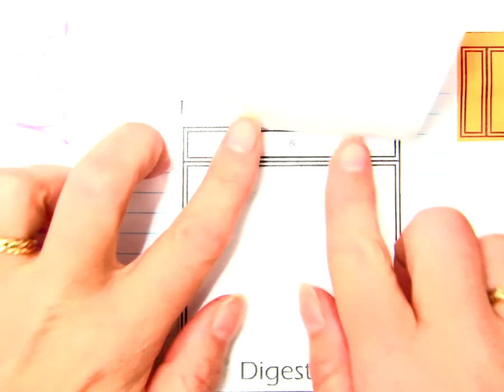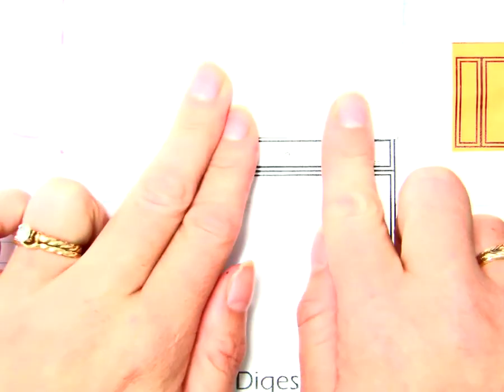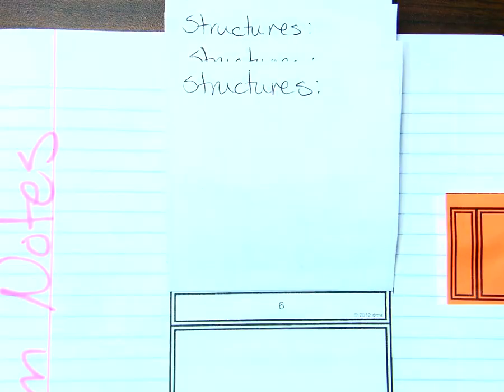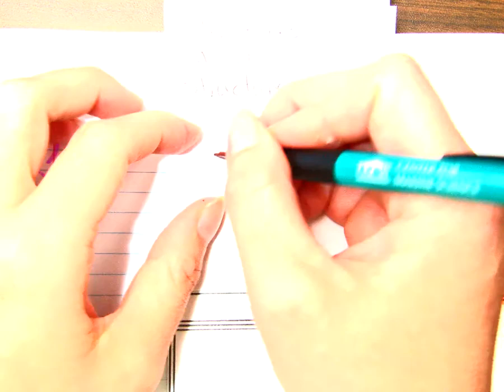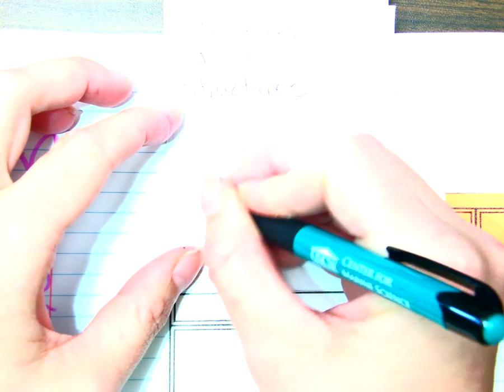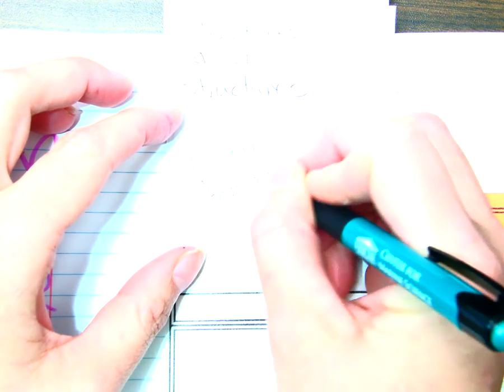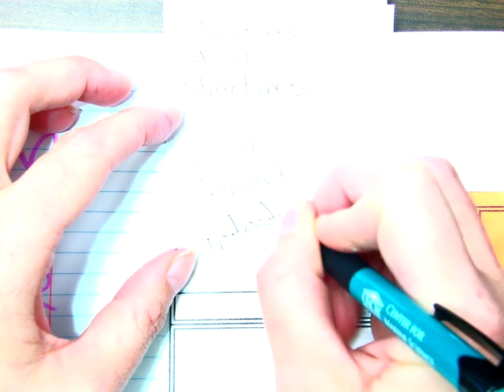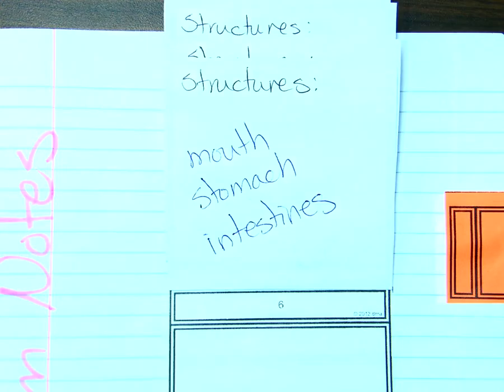Moving on to digestive system. So our structures: mouth, stomach and intestines.